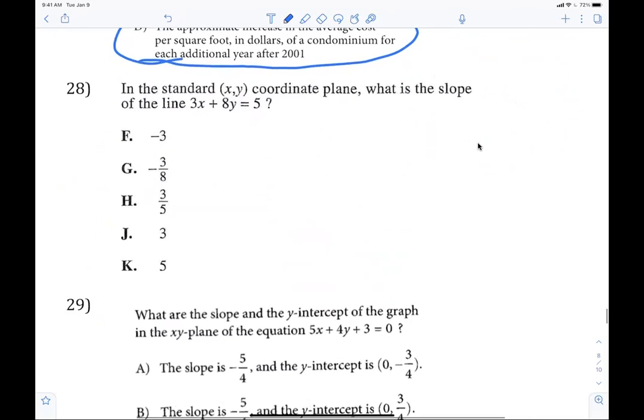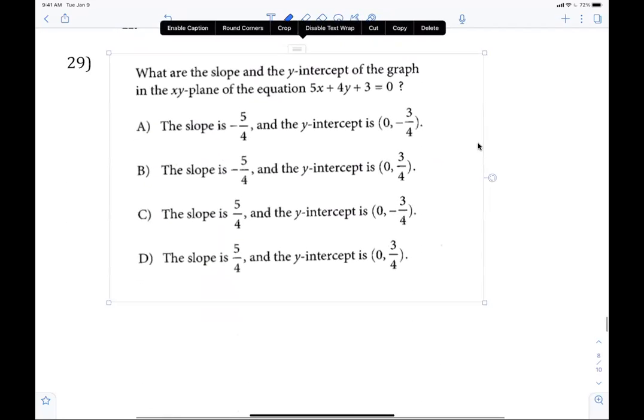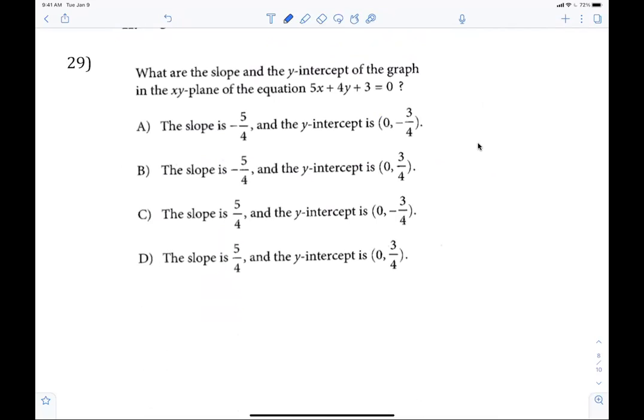All right, here we go. Again, 28, what's the slope? G. Everybody happy? And 29, what is the slope and the y-intercept?